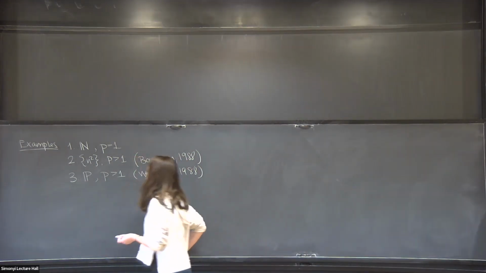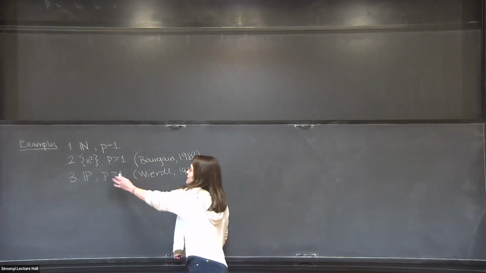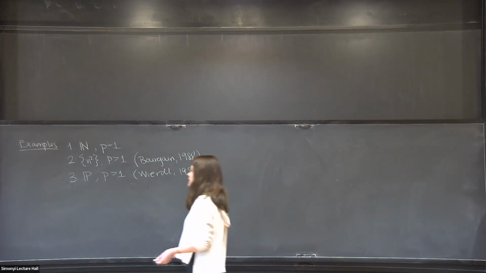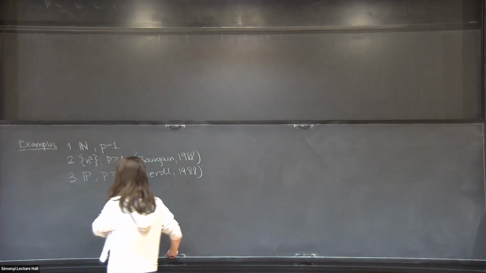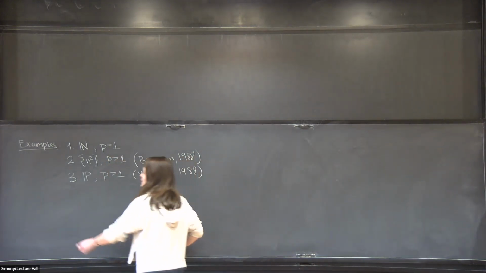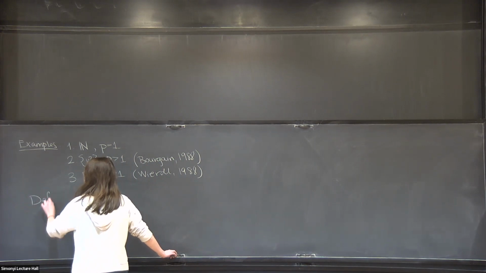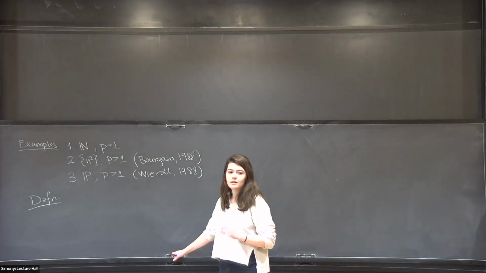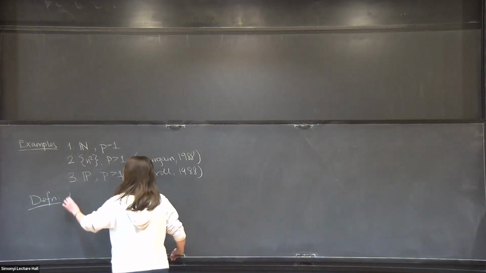So what about the pesky case of what happens when p is equal to 1? In this case, it is known what happens, and in fact, it's known that they're universally bad for L^1.